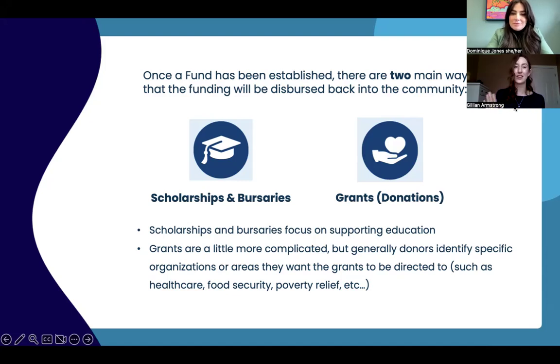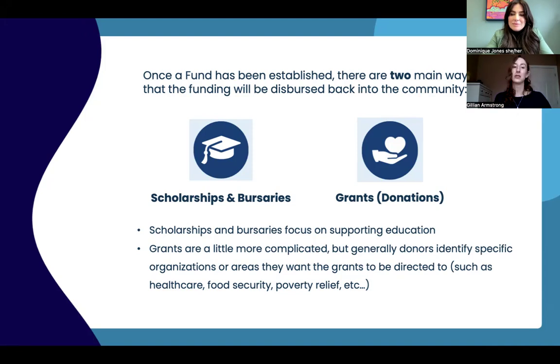And then on the grants side, grants in many ways are a donation. Grants can have a couple of different shapes and sizes, so we'll get into the details about that. But that's probably one of the things that people are most familiar with in our work. They're a little bit more complicated, but generally donors will identify either specific organizations or specific areas that they want the grants to be directed towards.